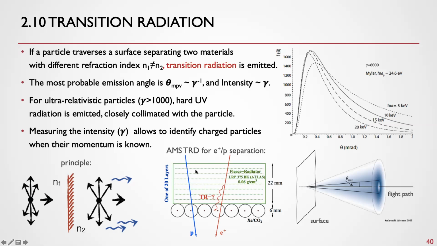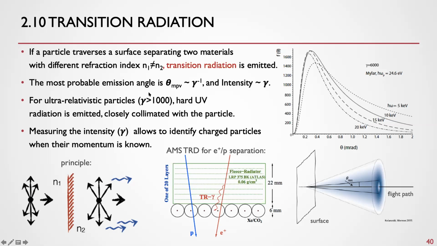Now you have measured the momentum of these particles, but if you find a transition radiation photon that can be recorded here in these drift tubes, which we are going to discuss next time because these are gaseous detectors which operate with a single high voltage, you can discriminate the protons from the electrons.